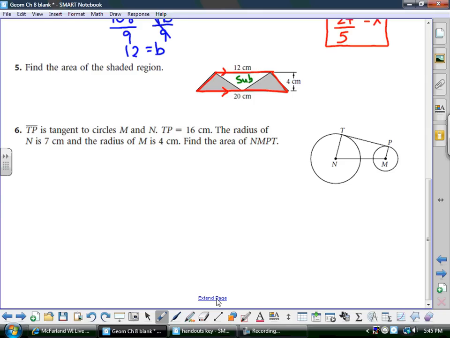So the area of the big trapezoid, I know that the area formula for a trapezoid is base 1 plus base 2 times height divided by 2.